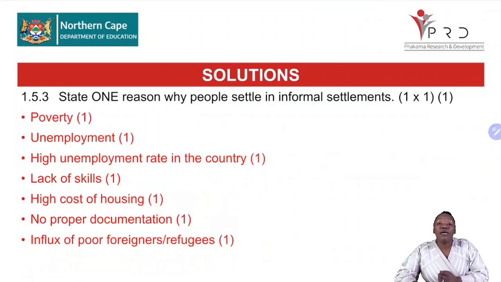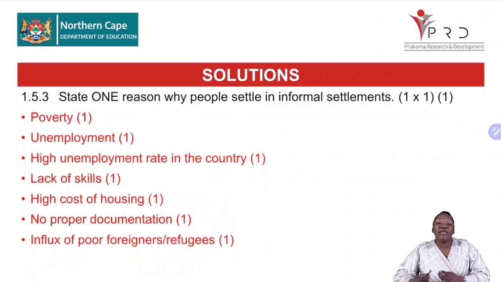Because of the high number of unemployed in South Africa, we're also looking at people who lack skills. Even if employment was there, that person doesn't have the necessary skill, so they won't be employable.